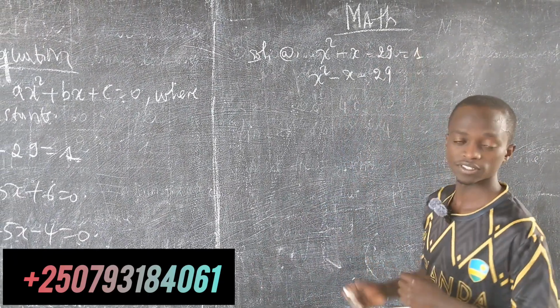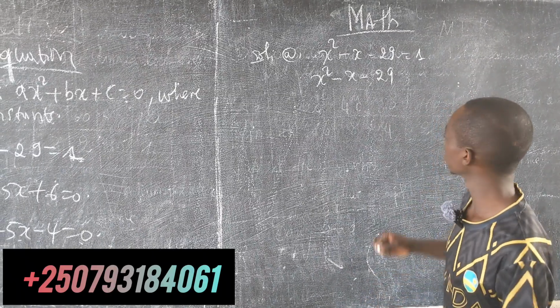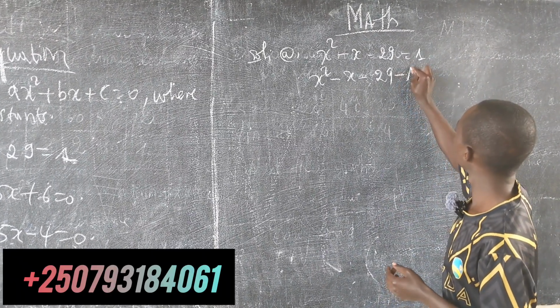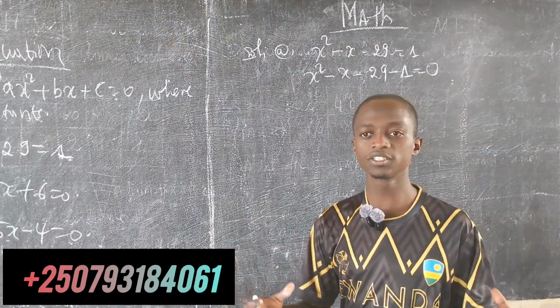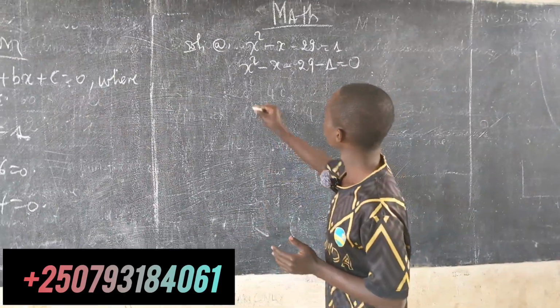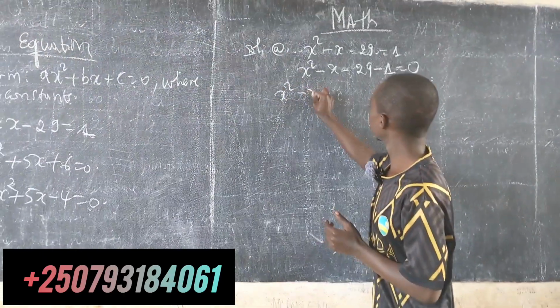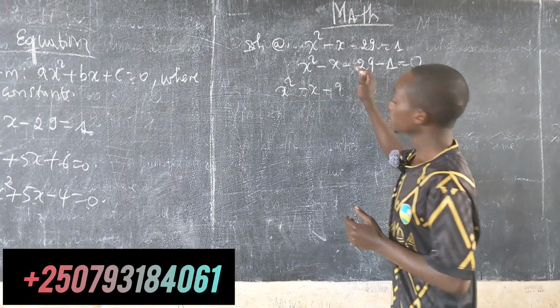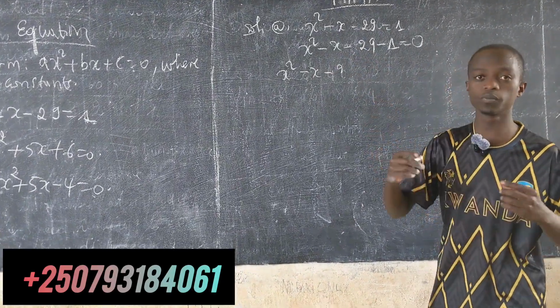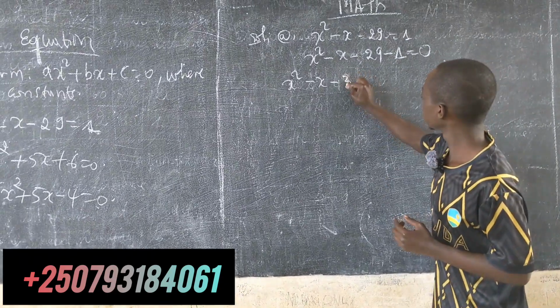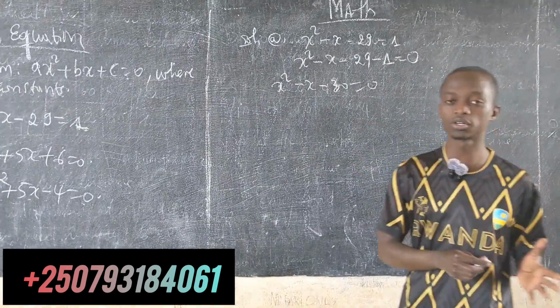If it is positive, it changes its sign into negative. So here we will write minus 1, which is equal to 0. We collect like terms: x squared minus x, and minus 29 minus 1 is going to be minus 30, which is equal to 0.